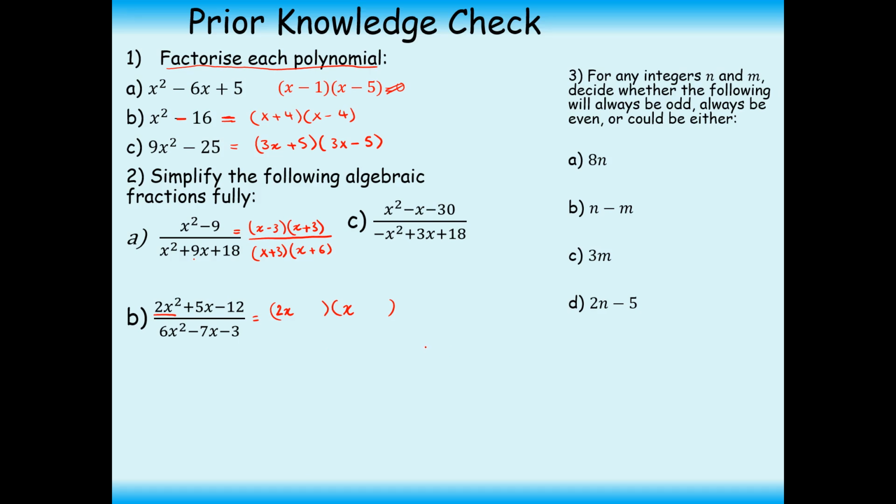But in other cases, I'll show you another method for the denominator. Let's just take 2x and x here. We need to find factors of 12, but one of them will be multiplied by 2. Be careful, so that this plus 5 will come from the fact that one of the factors of 12 is multiplied by 2. So it could be 3 and negative 4, or 4 and negative 3, or it could be 2 and 6.